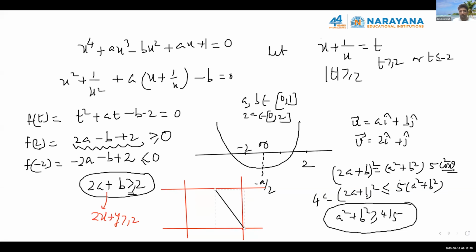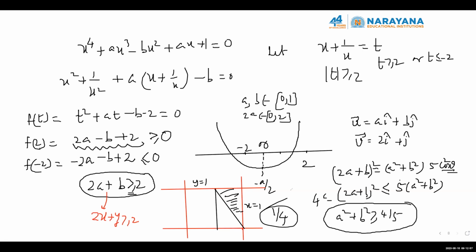And the greater than sign is there, so this area you require. So I have taken these lines as y equal to 1, x equal to 1. So this is 1/4 of the square, because it is the midpoint. If you draw it like this, the total area is 1, so 1/4 is the required area. Is that clear? Yes, sir.